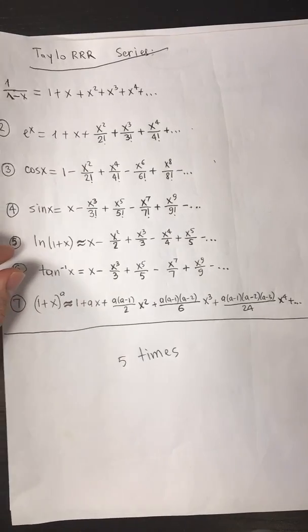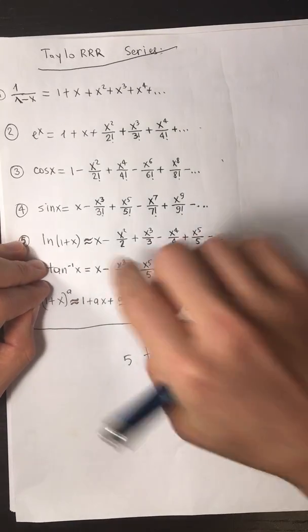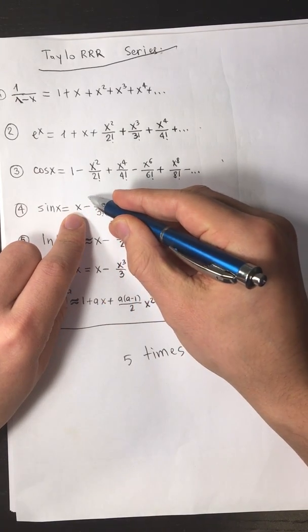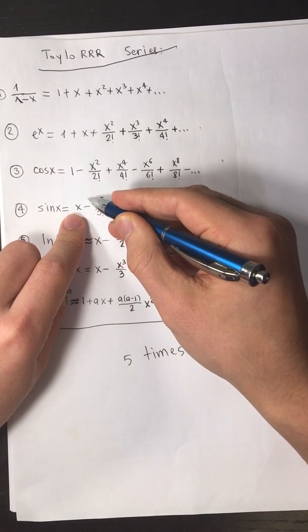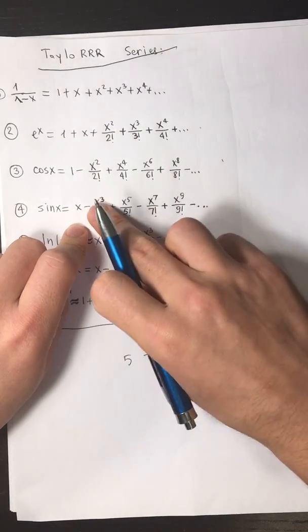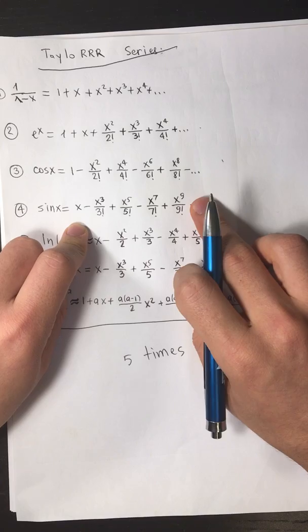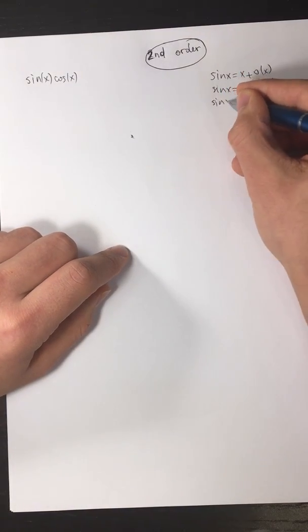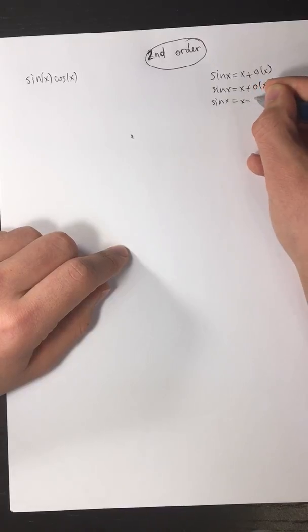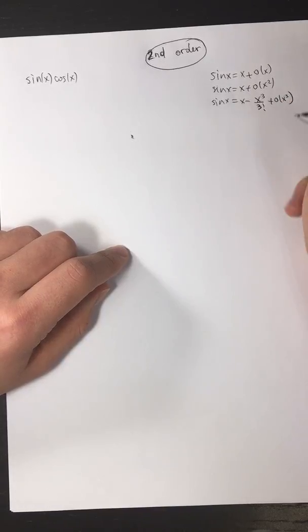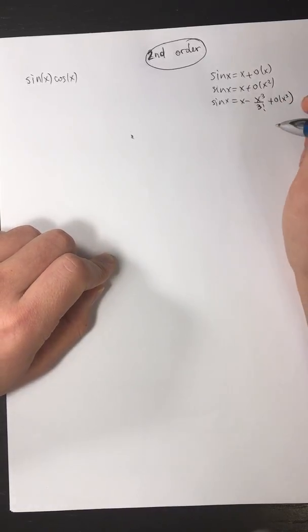I'm explaining only now because it's the beginning. o(x^2) means you write until x squared, but you don't have x squared here, so you just write o(x^2). If you write until third order, sine x is equal to x minus x cubed divided by 3 factorial, plus o(x^3). So this is how you write it.